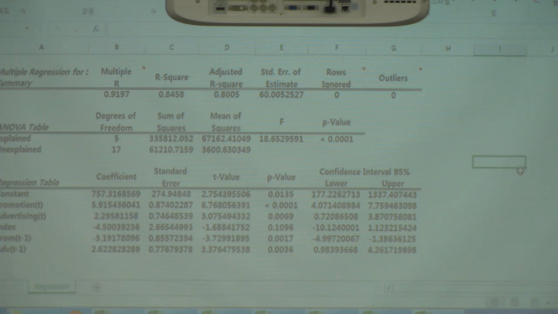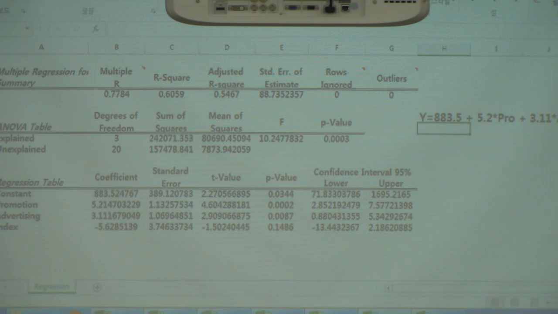Okay, very good. What can you tell? I make the regression line stronger, right? Because that's the previous regression, R square and adjusted R square is there.